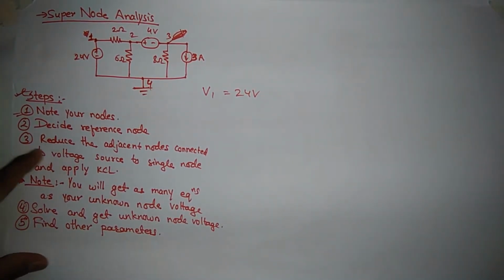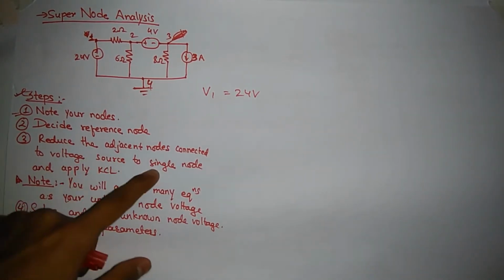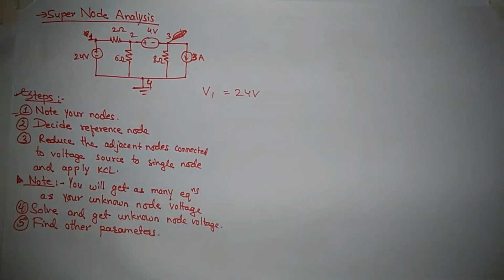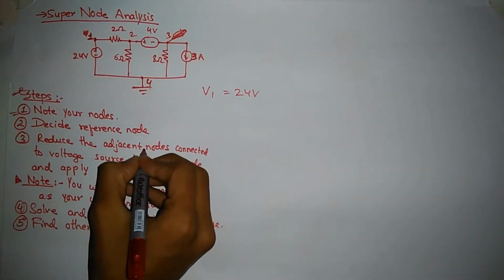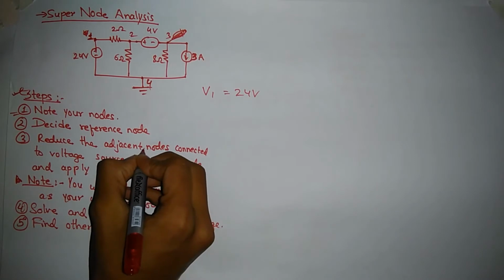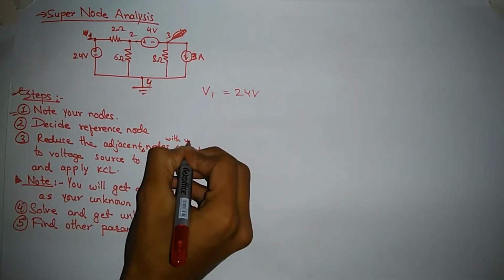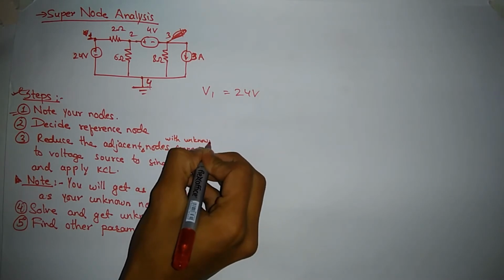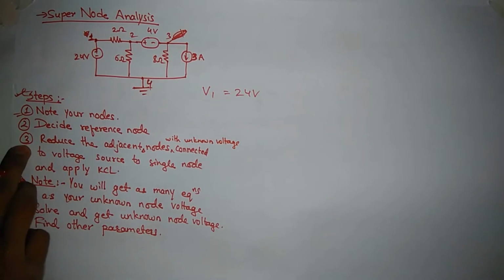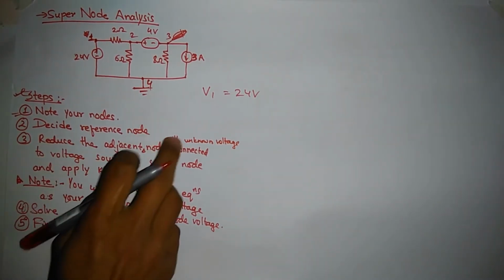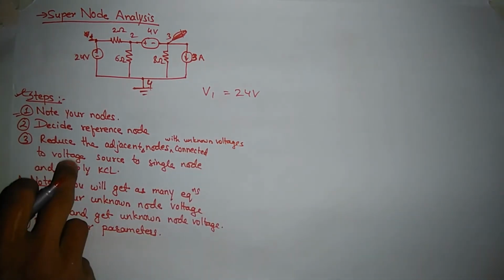At step number 3, reduce the adjacent nodes connected to the voltage source to a single node and apply KCL. Let me repeat my step number 3: reduce the adjacent nodes with unknown voltages connected to the voltage source.